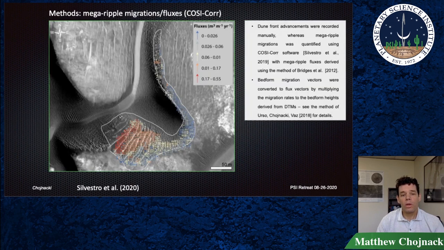We used digital terrain models to get the heights of the bedforms, to measure the displacements of the mega-ripples. We used the COSI-Corr software, which allows you to quantify the displacements, but also the vectors and their orientation. So using those two, we're able to get sediment fluxes, and then we get the dune sediment fluxes using more traditional manual methods.